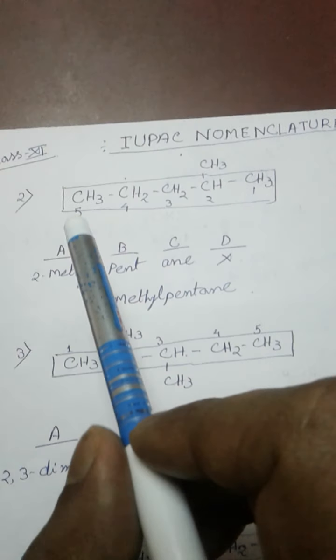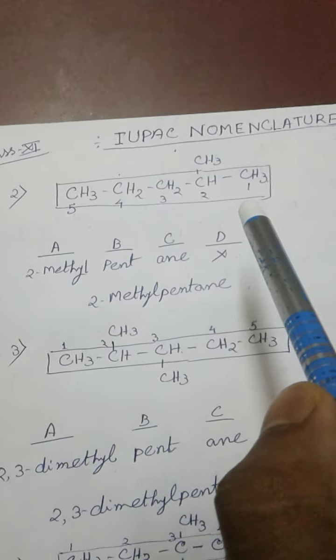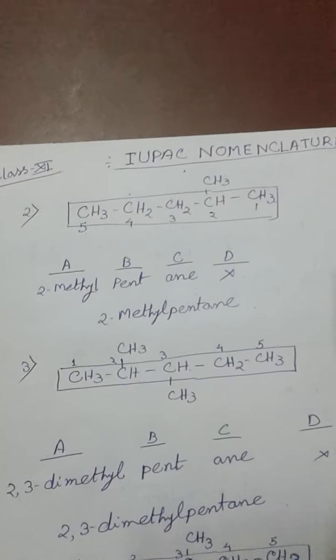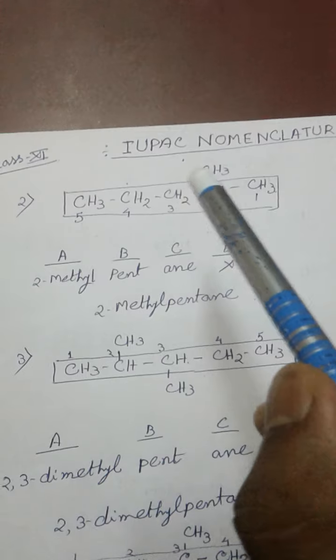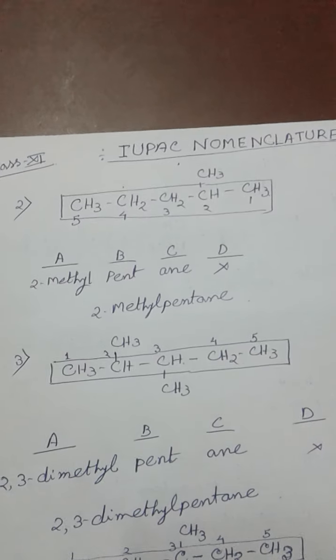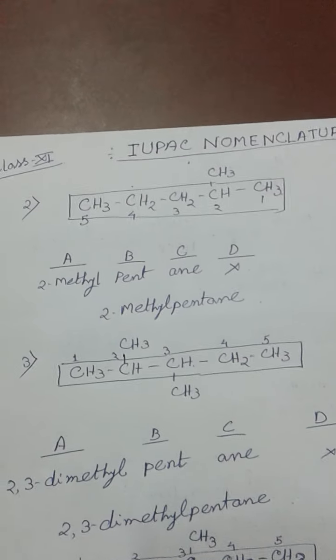you must start the numbering from the extreme left or extreme right of the molecule, but it should be noticed that the side chain should be given the minimum locant.